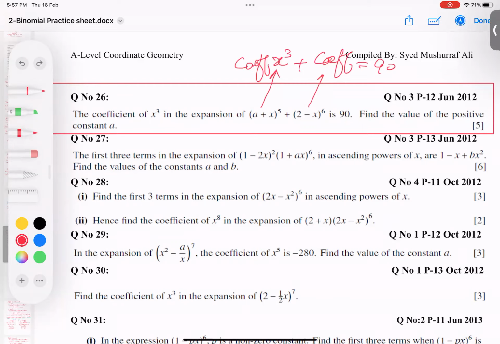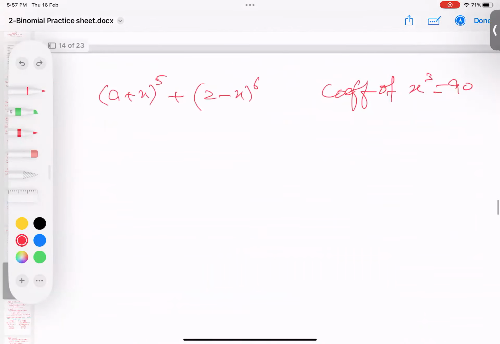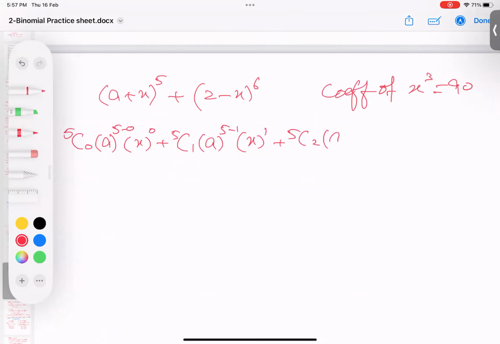So let's start with x cube. I'm starting here. Bismillah ar-Rahman ar-Rahim. First of all, I will expand in a, not in the traditional way, but in another way, because it is a 5-mark question. So let's start: 5c0, a to power 5 minus 0 and x to power 0. Then 5c1, a to power 5 minus 1 and x to power 1. Then 5c2, a to power 5 minus 2 and x to power 2.